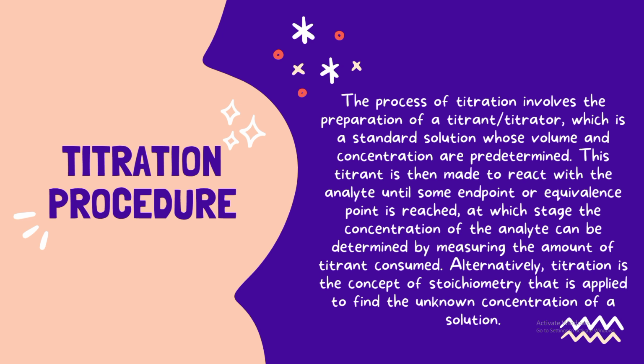As for the steps of the procedure, a very precise amount of the analyte is added in a beaker or Erlenmeyer flask. A small amount of indicator such as phenolphthalein is added, and the flask is placed underneath a calibrated burette or chemistry pipetting syringe which contains the titrant.